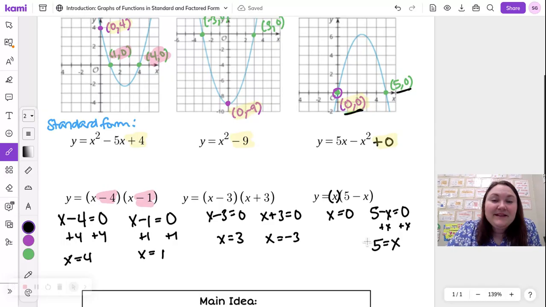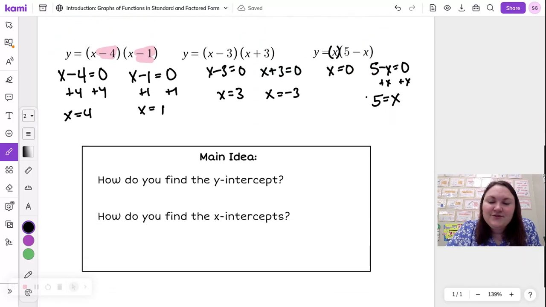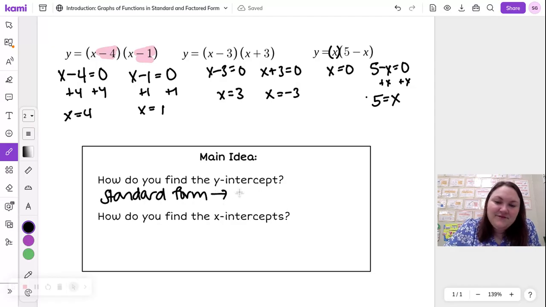This is going to be really important for the work we're doing in these final lessons on graphs of quadratics. There are two main ideas. First, how do you find your y-intercept? You need to look at your standard form. And when you look at your standard form, the constant is the y-intercept.